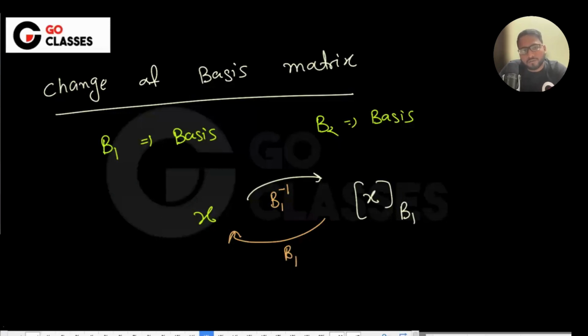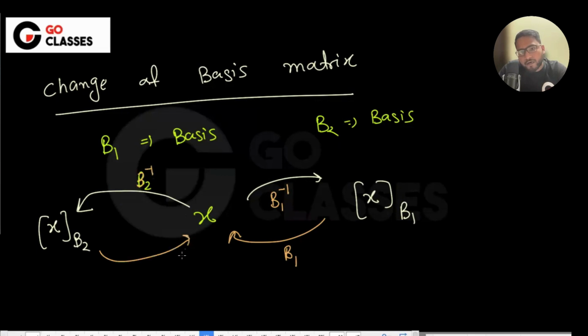Now similarly, let me write like this: if you have X of B2 here, and you want to go from a standard basis to B2, then it will be, I think, B2 inverse, right? So it will be B2 inverse. And from here to here, it will be B2.